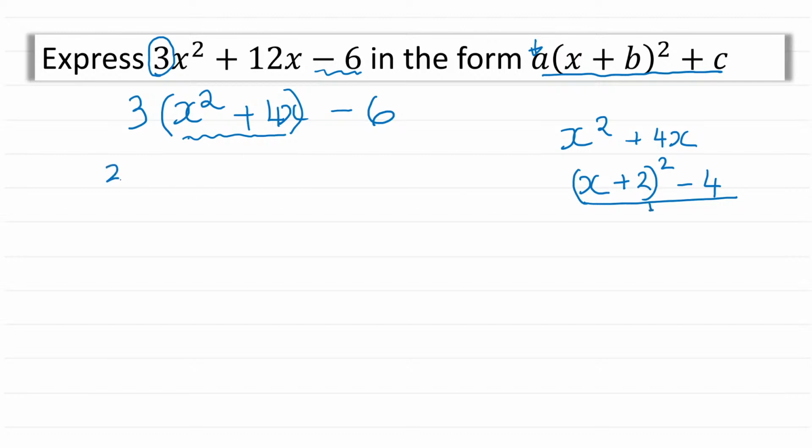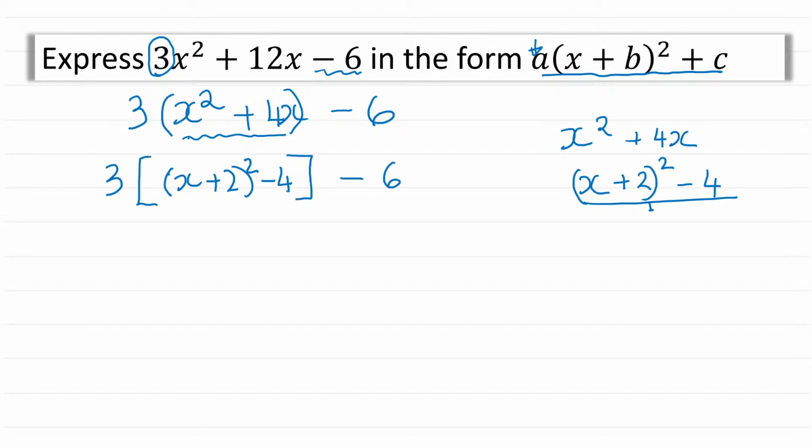So I have 3, and then I am going to open this extra bracket. So we have bracket x, sorry guys, I'm going to take that out. It's not x squared there. So that's x plus 2 squared minus 4. And then I'm going to close the bracket, and then I have minus 6 here.